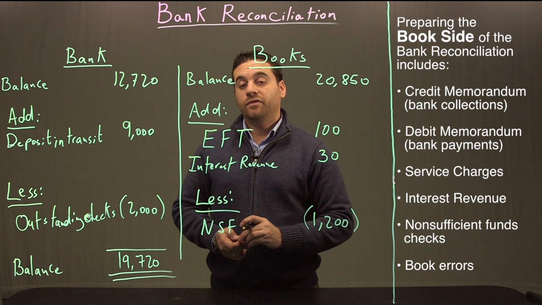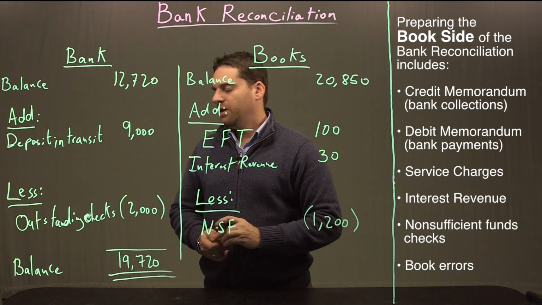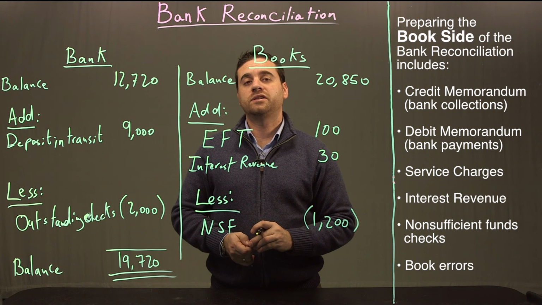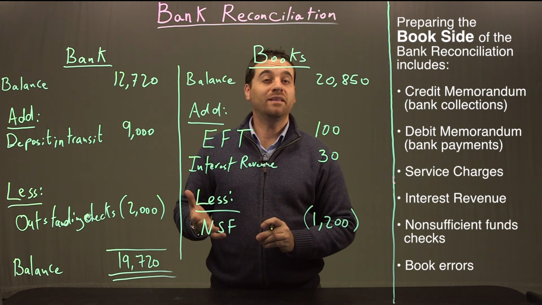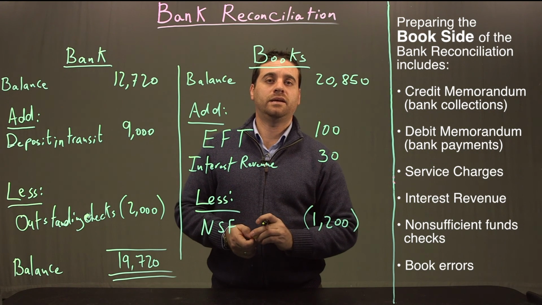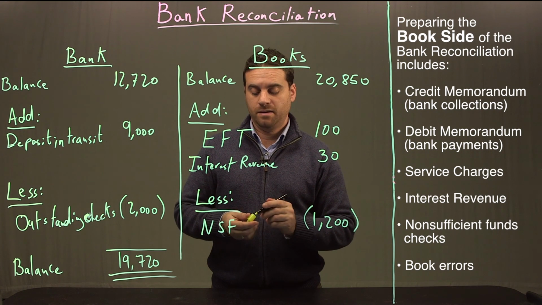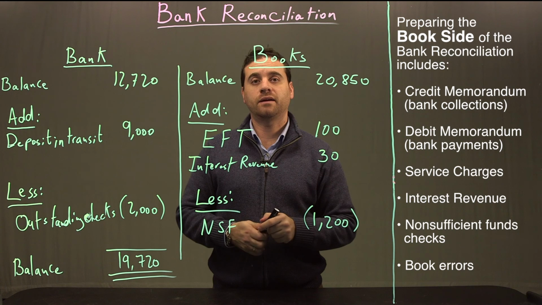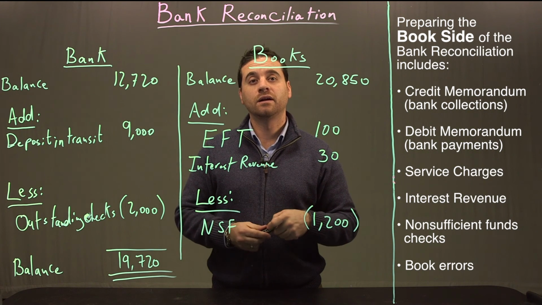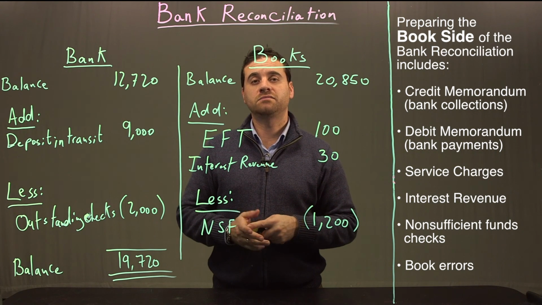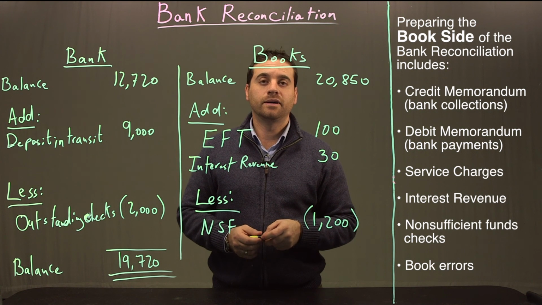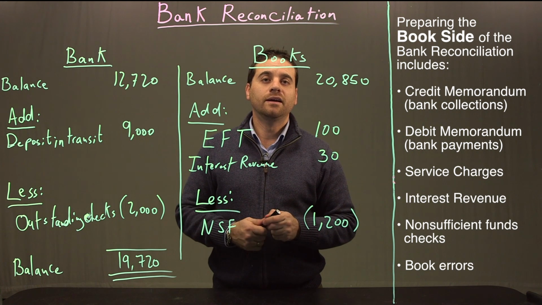And a different example, let's say that the bank charges us maintenance fees to our bank account, like service charge fees. Like me personally, my bank account, they charge me $9 every year. They call it maintenance fees. I don't know why, but anyway, it's $9.